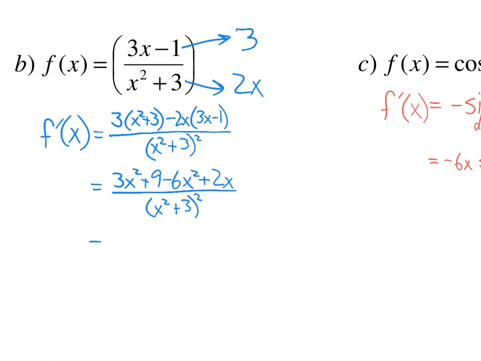That's negative 3x squared plus 2x plus 9 over x squared plus 3 quantity squared. Correct. So, not too bad. Just a basic quotient rule. Didn't have to do chain rule here at all.